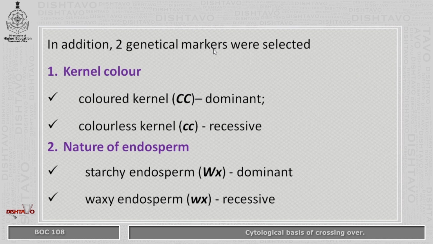In addition, two genetical markers were also used. That is, two genes, one for kernel color and one for the nature of endosperm, are also present in chromosome number 9. The colored kernel is dominant over the colorless kernel, which is recessive. As far as the nature of endosperm is concerned, the starchy endosperm gene is dominant over the waxy endosperm gene.